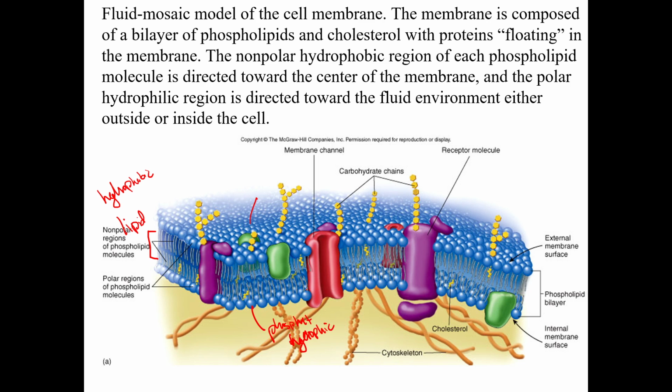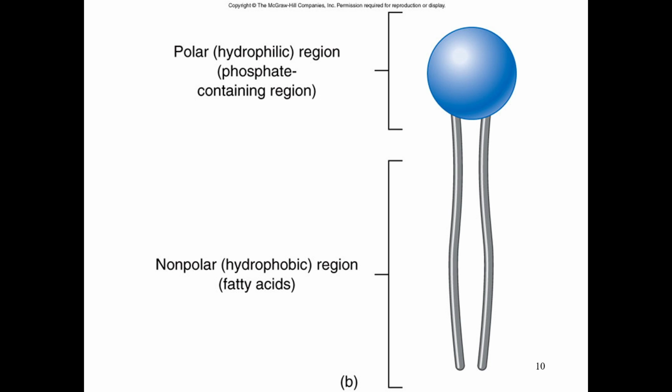It likes water. So the cell membrane actually can accept both polar and non-polar substances. So this is a subunit of the phospholipid. It has both a polar head and a non-polar tail.